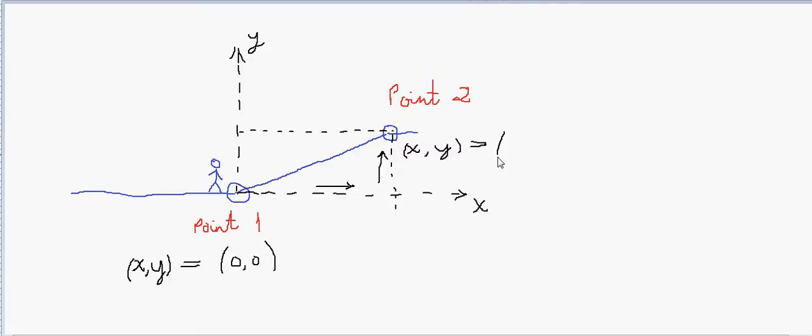So let's say the new coordinates: for x, he's moved 20 meters, and for y he has moved 10 meters. So he has moved horizontally by 20 meters and vertically by 10 meters.